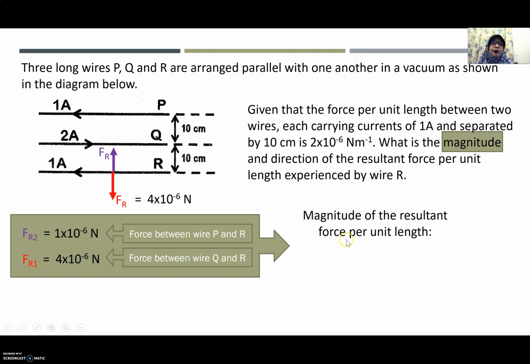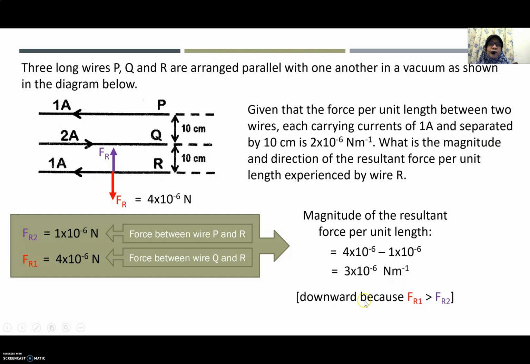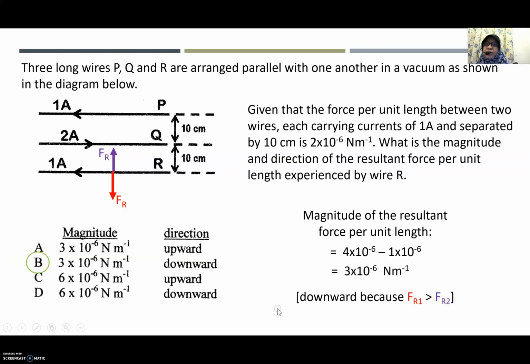The resultant here means that FR1 is downward, FR2 is upward. So 4 minus 1, we get 3 times 10 to the power of negative 6 Newton per meter. The direction is downward because the downward force is larger than the upward force. Therefore, the answer is B. Magnitude is 3 times 10 to the power of negative 6 Newton per meter, and the direction is downward.